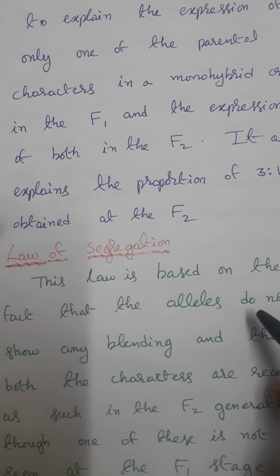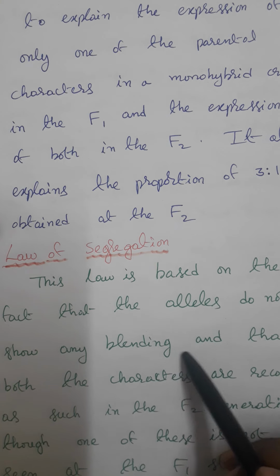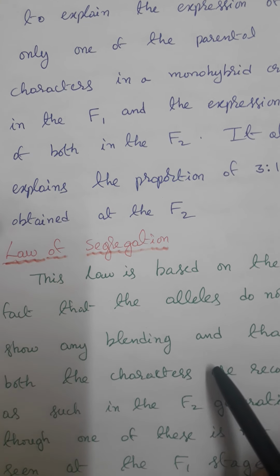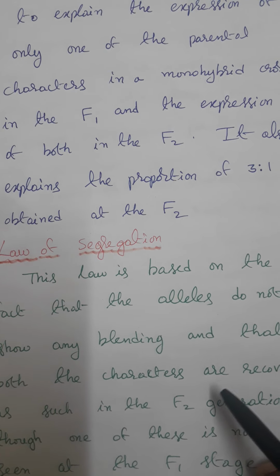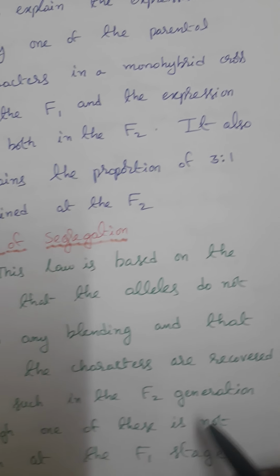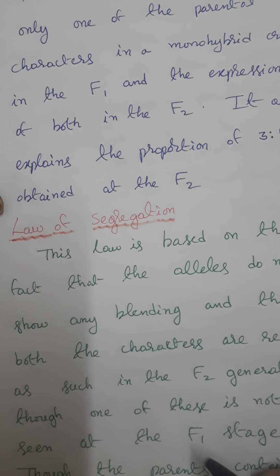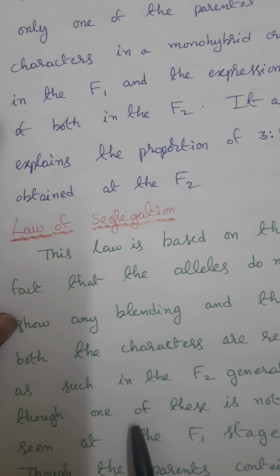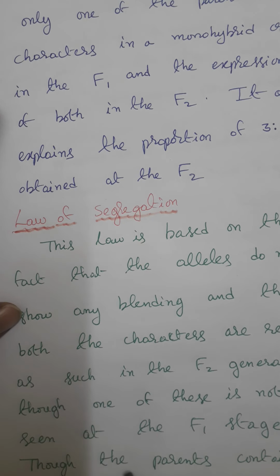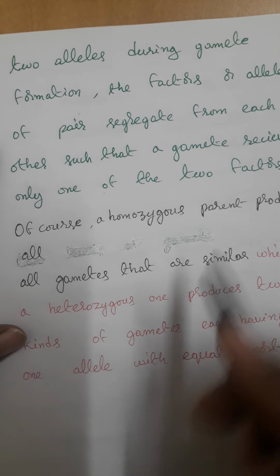Law of segregation. This law is based on the fact that the alleles do not show any blending, and that both the characters are recovered as such in the F2 generation, though one of these is not seen at the F1 stage, though the parents contain two alleles.